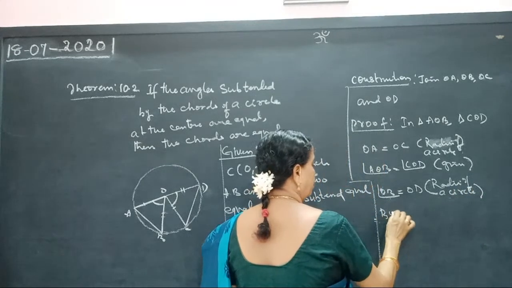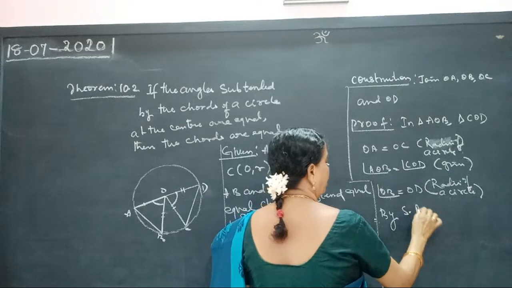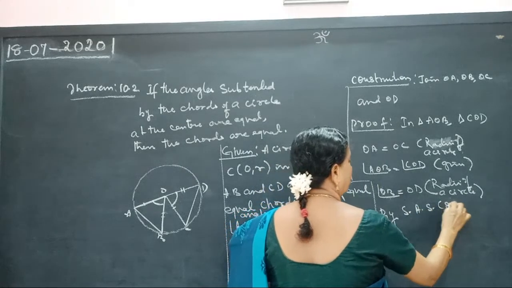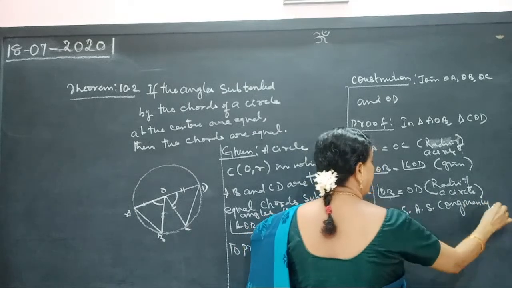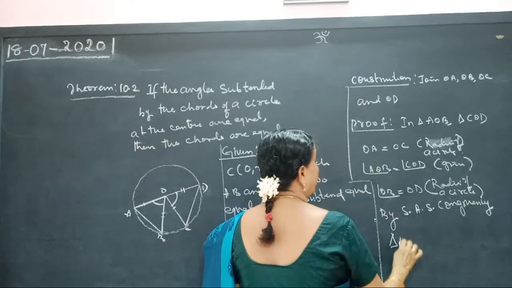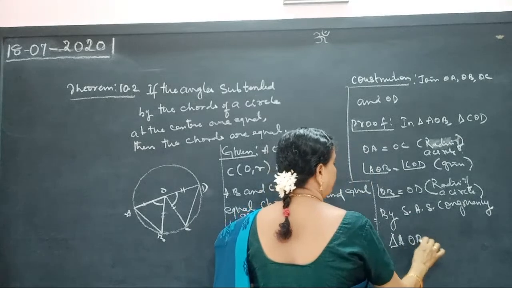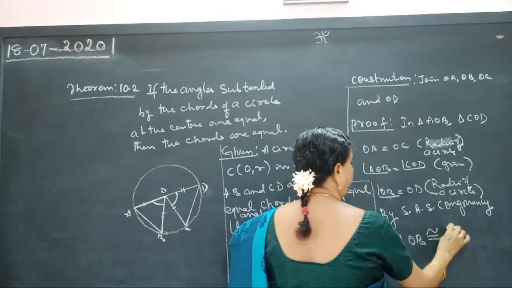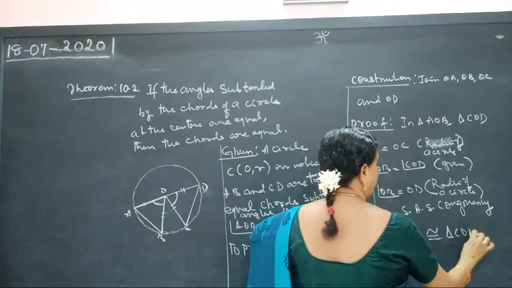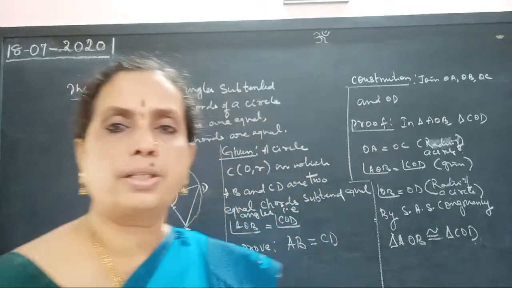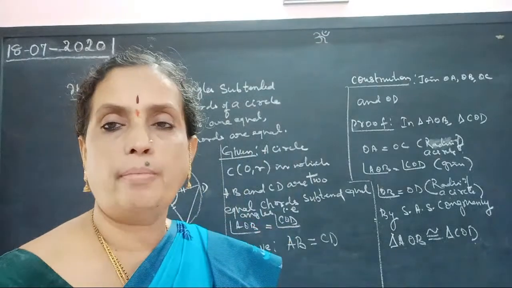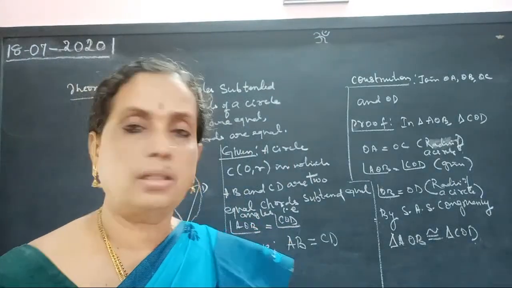Therefore, by side angle side congruency, triangle AOB is congruent to triangle COD. When they are congruent, just see symbolically what I mentioned, congruent.